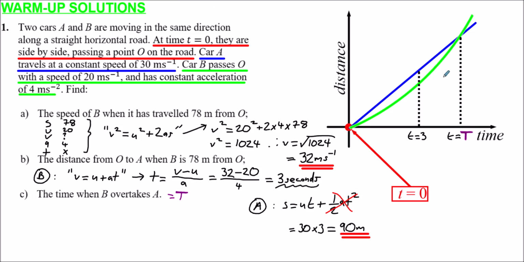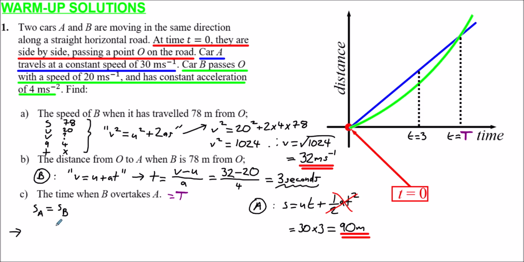And so clearly, they'll cross again when the times are equal and their distances from O are equal too. So I can set S for displacement, but because they're both going in the same direction, I can just think of this as distance. We set S for the distances equal for both cars. So I'm going to set S of A, distance of A, equal to the distance of B.